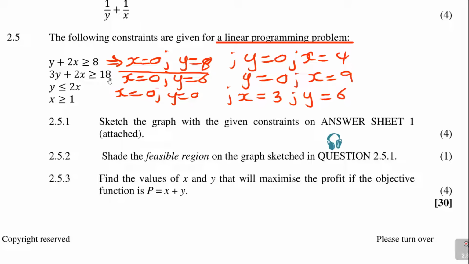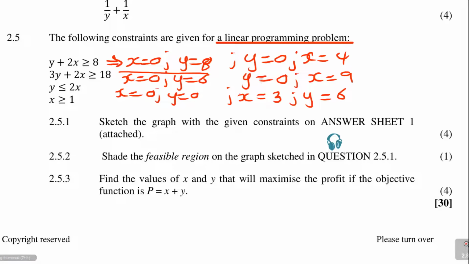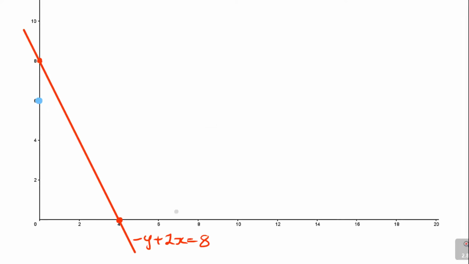But let's do the next one. 3y plus 2x is equal to 18. When x is 0, y is 6. Let's do that. I'll use another marker now. I've got that point. And then when y is 0, x is 9.